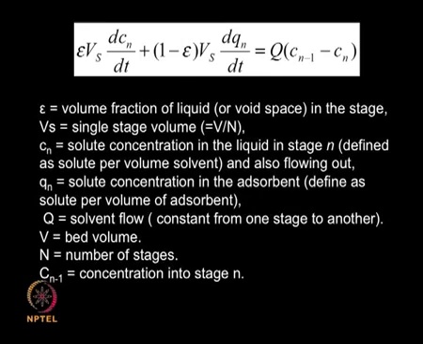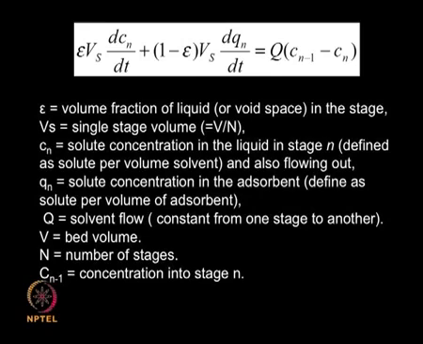So if epsilon is the void space, 1 minus epsilon will be the fraction of solids present in a stage, multiplied by Vs, where Vs is the volume of each stage, into dQn by dt. Small qn is the solute concentration in the adsorbent, or the solute concentration in the stationary phase, in that particular stage n. So please note we have Cn, Qn, Cn minus 1.